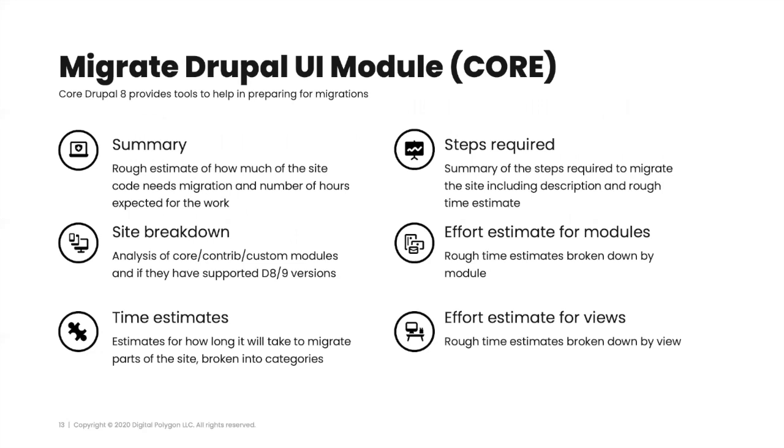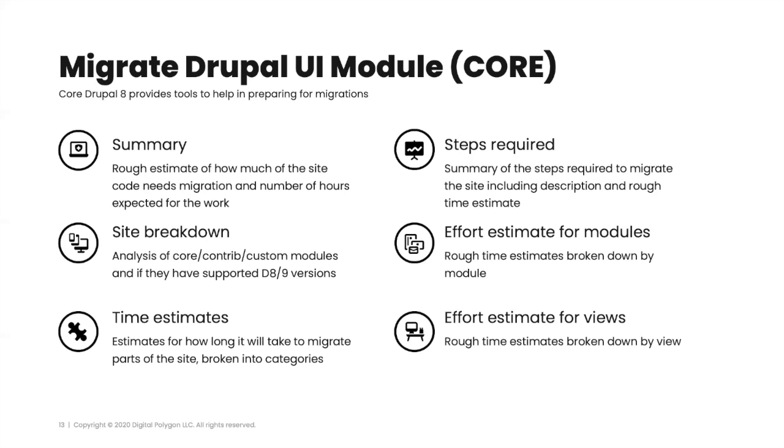Jumping into the Migrate module a bit deeper, there's a Drupal UI for Migrate inside of core. And this is a tool that you can use for planning your upgrade. If you install a fresh version of Drupal 8 and you hook it up to your Drupal 7 database with this tool, it will run a scan and tell you which contrib modules have a Drupal 8 version, which contrib modules don't.